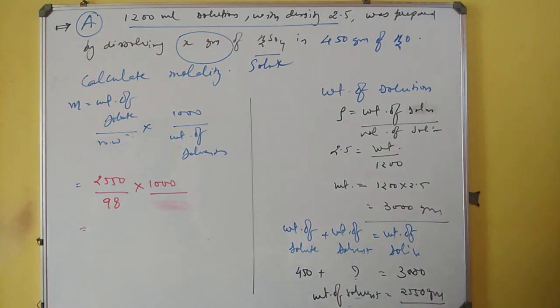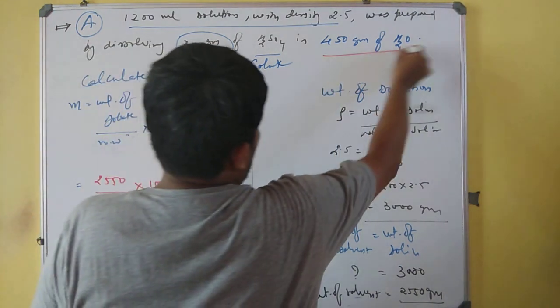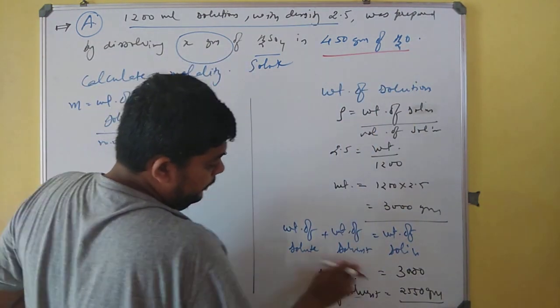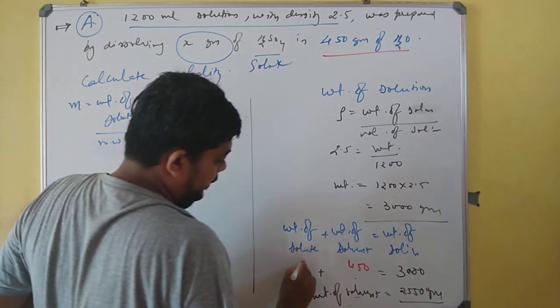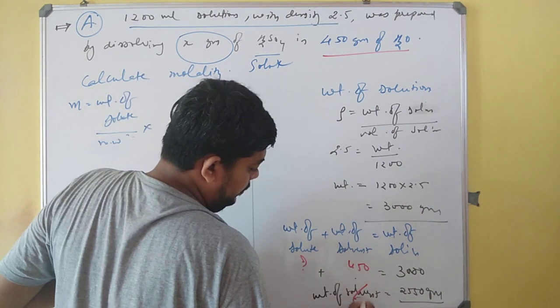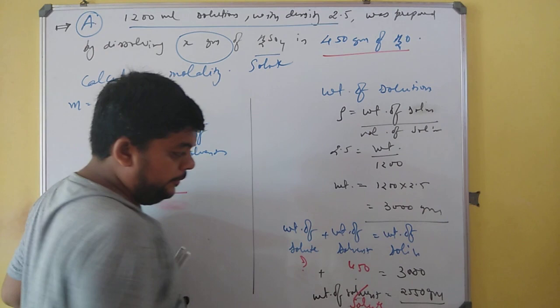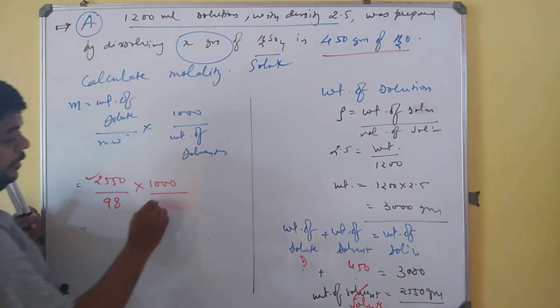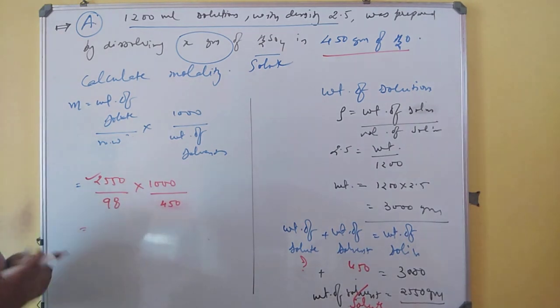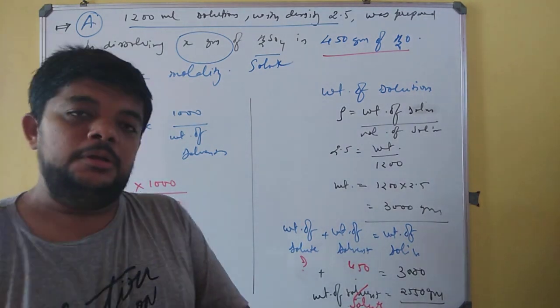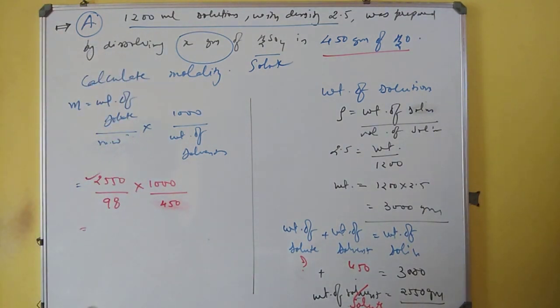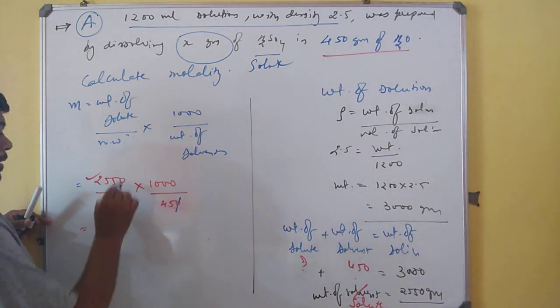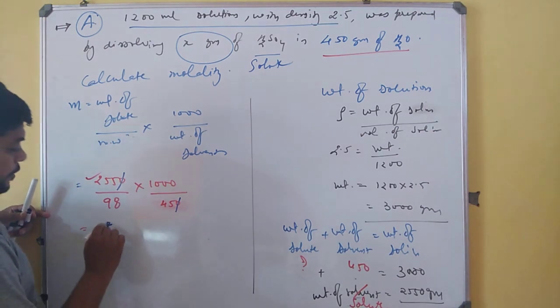In 450 gram of water, this is 450, we are supposed to find out solute. In a few cases it happens that solvent is less and solute sometimes is more. This is one of those cases. So I'll just make it like this.